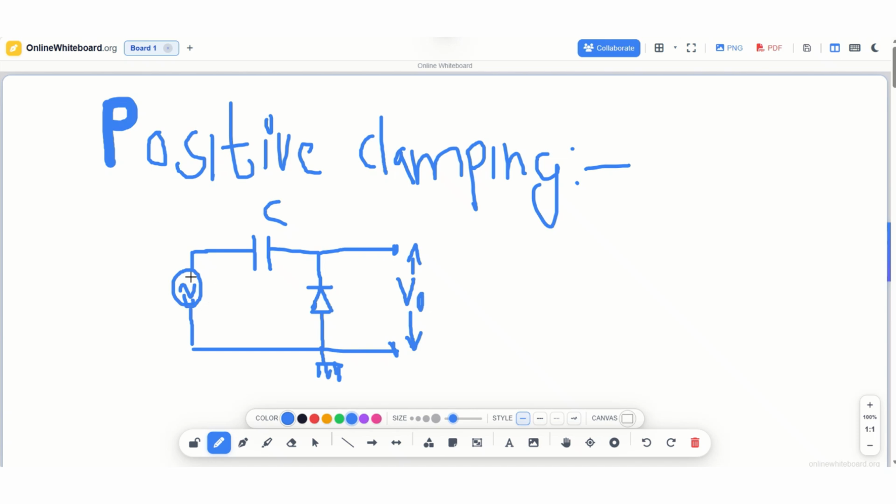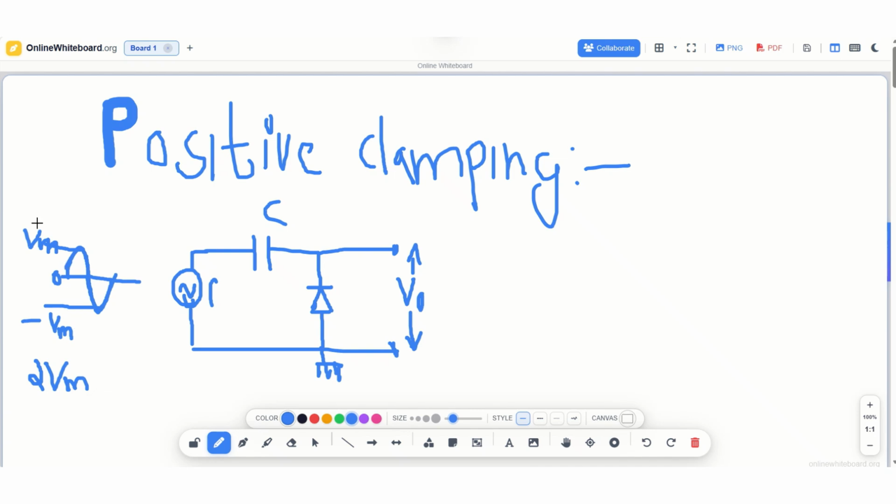We can now check the working of the positive clamping circuit. We are applying a sinusoidal signal, which has two half cycles. The upward portion is the positive half cycle, and the downward portion is the negative half cycle. The maximum positive peak is Vm, the maximum negative peak is minus Vm, and the DC reference line is 0 volt. The peak to peak voltage of this waveform is 2 Vm.